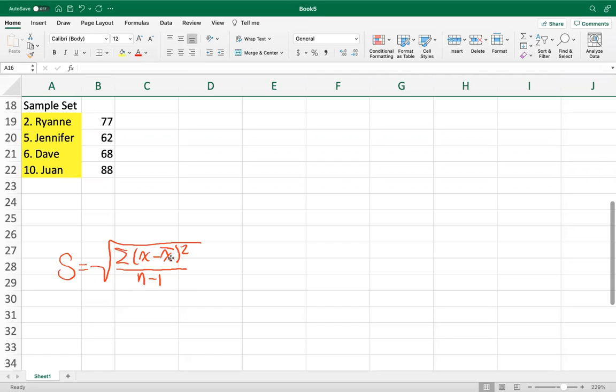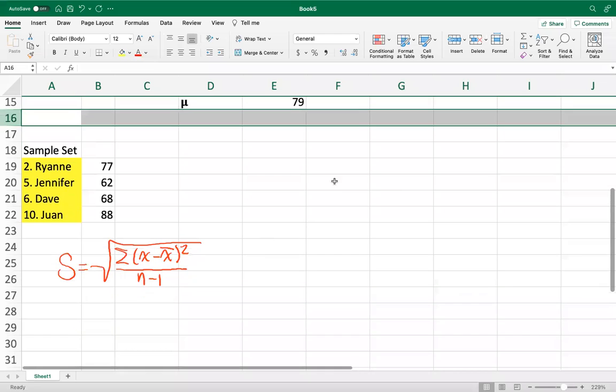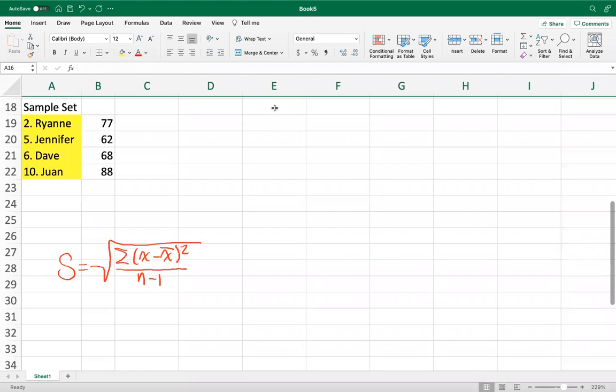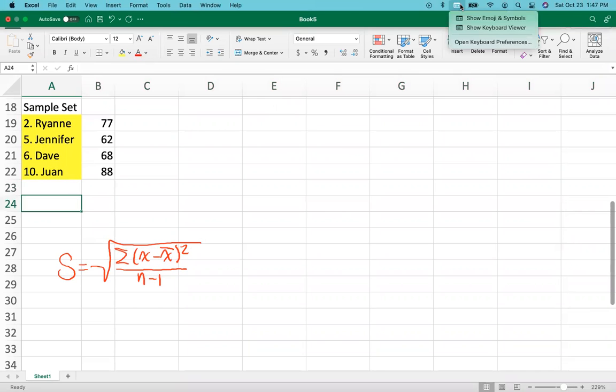Just like we did last time, we first have to find the mean because we know what n is. X is all of these values here, but the mean here, we are not using this mean right here. That's our population mean. There's no reason for us to use a population mean here. Let's find our sample mean.